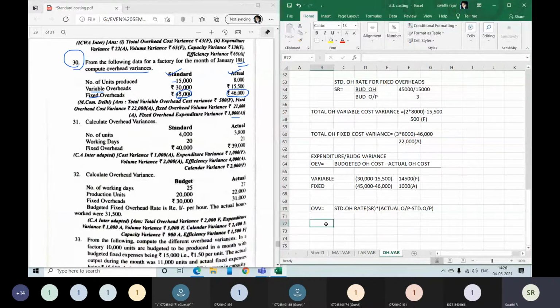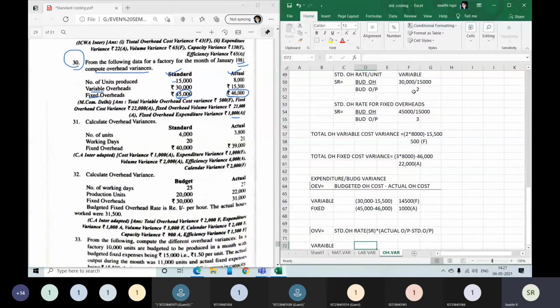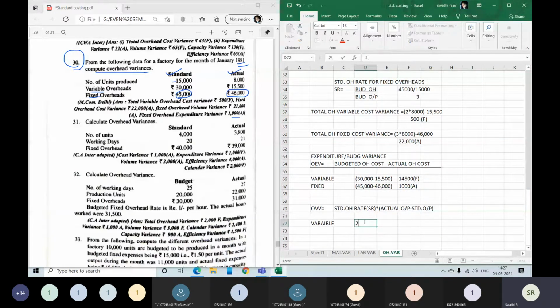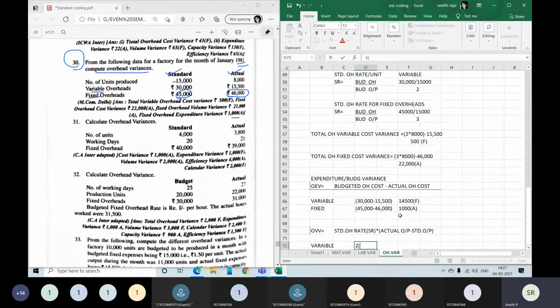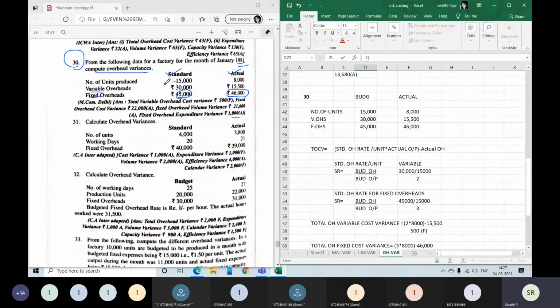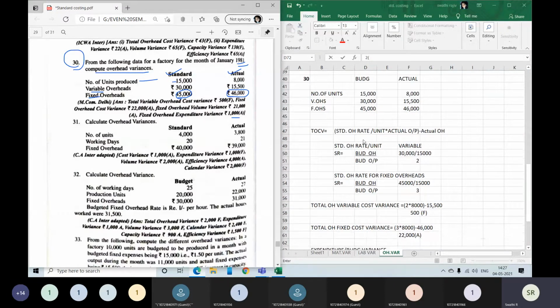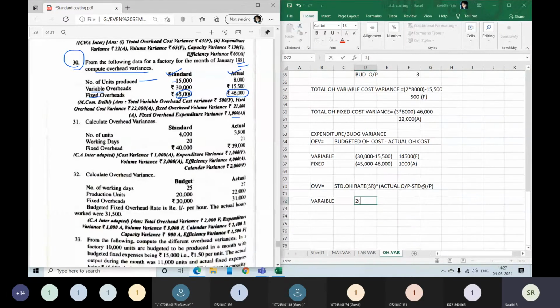As far as variable is concerned, what is your standard overhead rate for variable? 2. Remember, it's the same rate we are talking about. So 2 into what is your actual output minus standard output? What is your actual output here? Look here. 8,000. Minus what is your budgeted or standard output? It is 15,000.